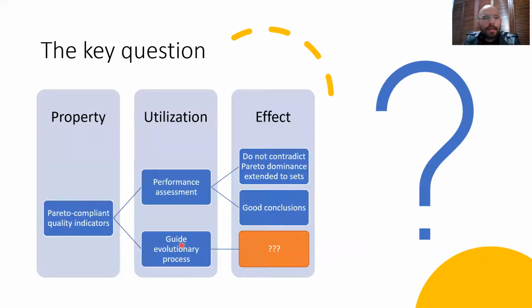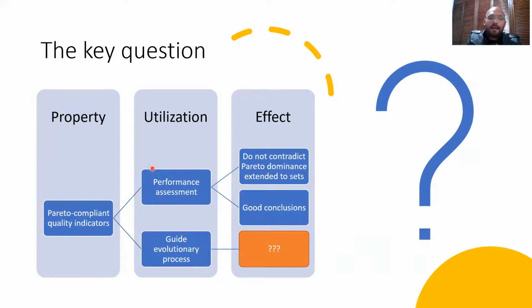So the quick question in this research is, what's the effect of a Pareto compliant indicator? We have two types of utilization: performance assessment and guiding the evolutionary process. Regarding performance assessment, the effect is that it does not contradict the Pareto dominance extended to sets, and we have the possibility to draw good conclusions using these Pareto compliant indicators.